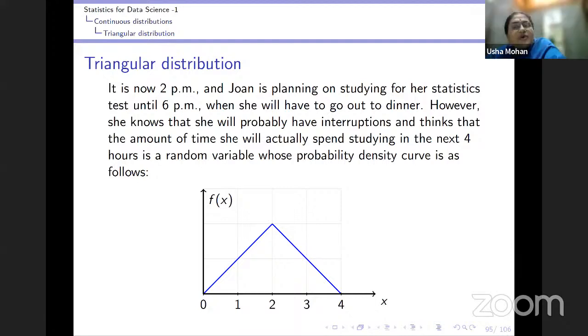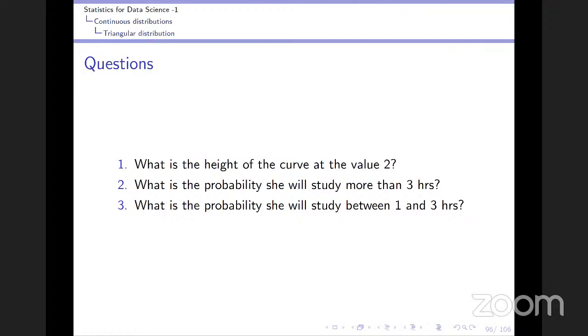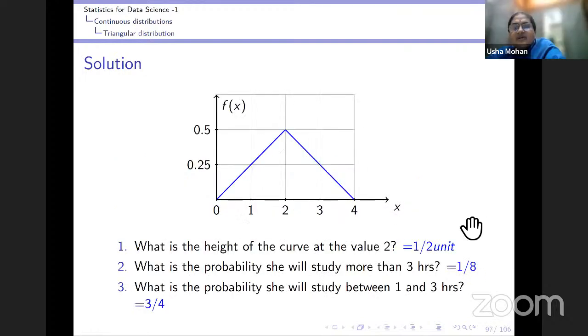So half into base into height is equal to 1. So now what would be the height? 4. Okay. What is the probability that the person would study for more than 3 hours? If this is half, what is the probability that the person will study for more than 3 hours?